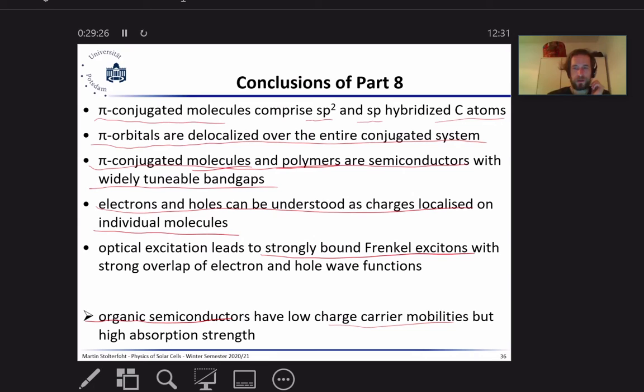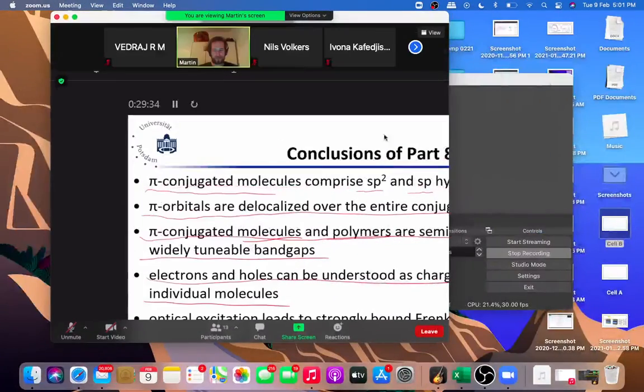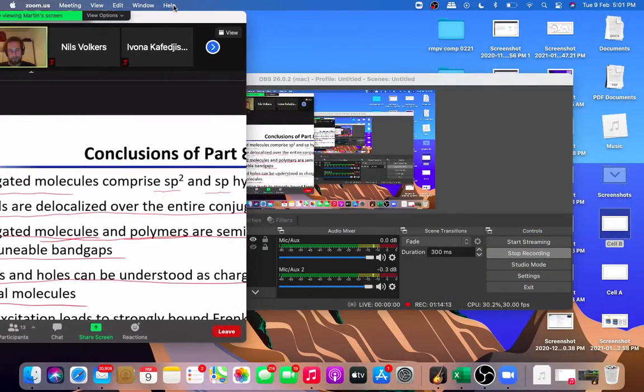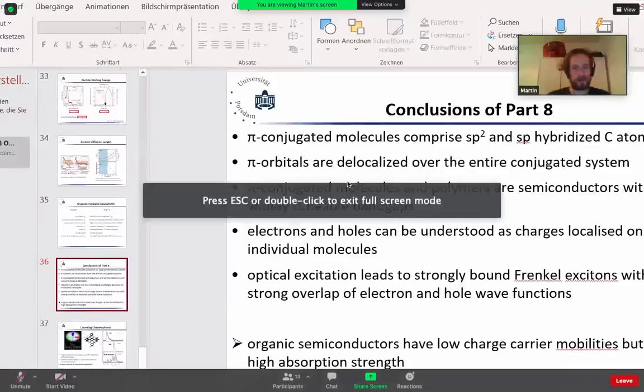I'm pretty sure that experts would be able to tell if it's going to be hole or electron conductive. I'm thinking if I can answer that.